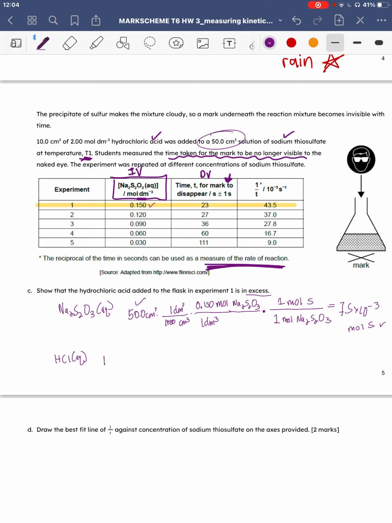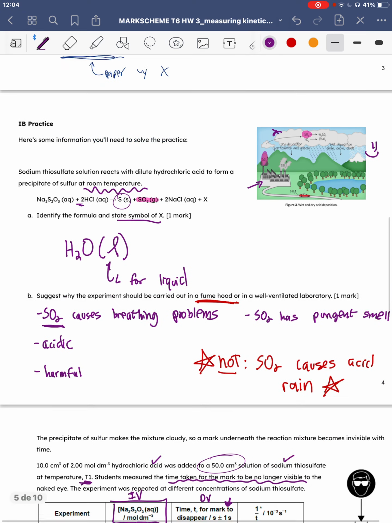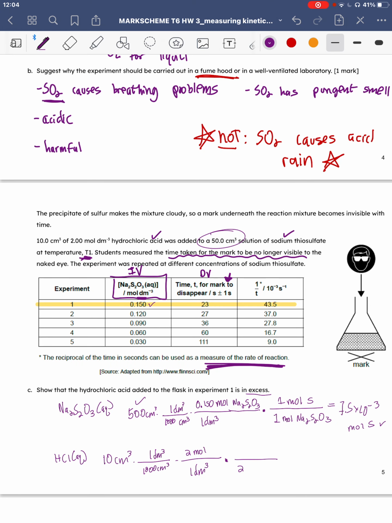I'm going to do the same thing for HCl. 10 cubic centimeters, 1 decimeter cubed per 1,000 cubic centimeters, 2 moles. I'm using the concentration they gave me. You should write 2.00. I was being a little lazy there. And let me check my coefficients. So 2 for HCl, 2 moles HCl. I need to use the same product as before.